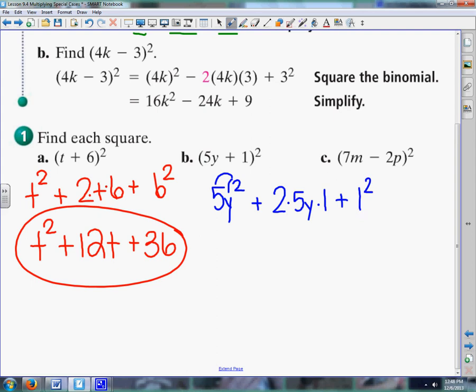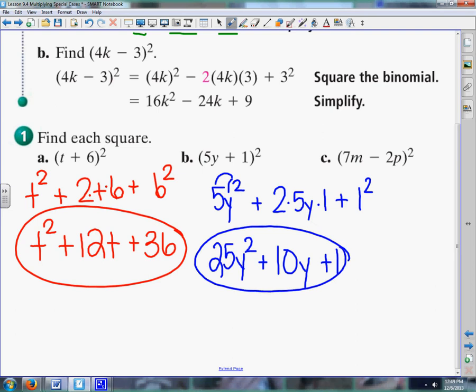So when I write my final answer, I'm going to write 25y squared, because I have to square both things. And then I'm going to have 10y, and then I'm going to have 1. So 25y squared plus 10y plus 1.